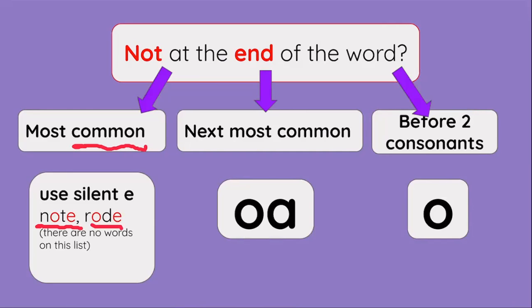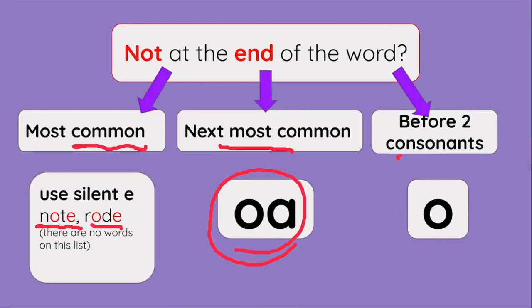Now, if the O sound is in the middle of a syllable, the most common way that you've got for this list is with the OA. The OA says O in the middle of a syllable. That's the most common way. And then we have two words where the O comes before two consonants.